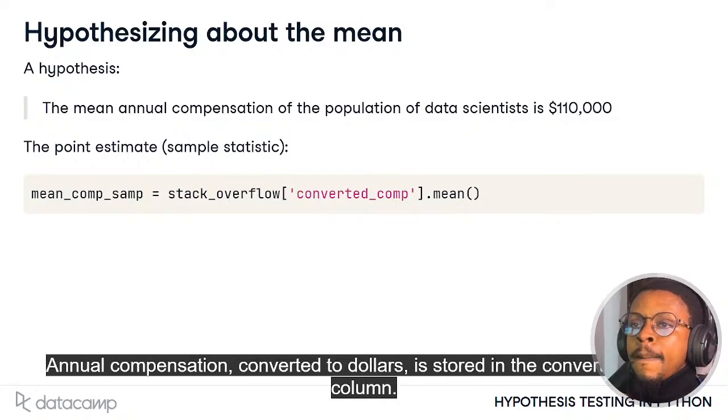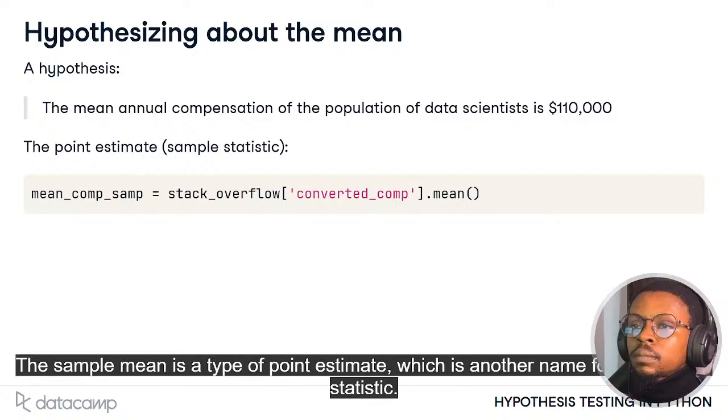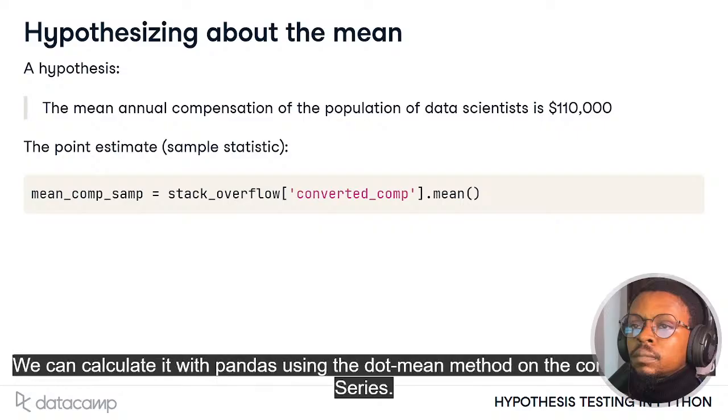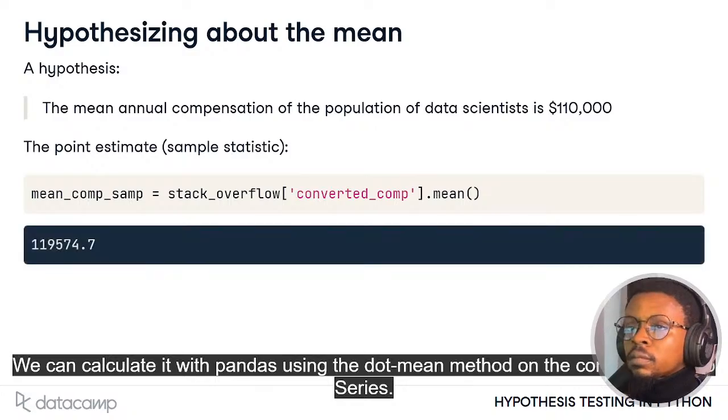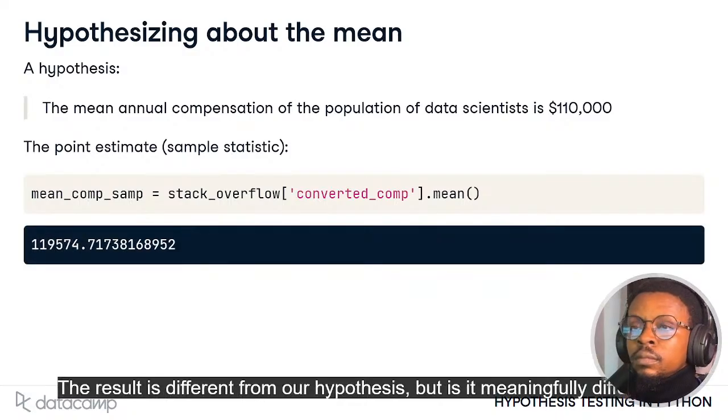Annual compensation, converted to dollars, is stored in the converted comp column. The sample mean is a type of point estimate, which is another name for a summary statistic. We can calculate it with pandas using the dot-mean method on the converted comp series. The result is different from our hypothesis, but is it meaningfully different?